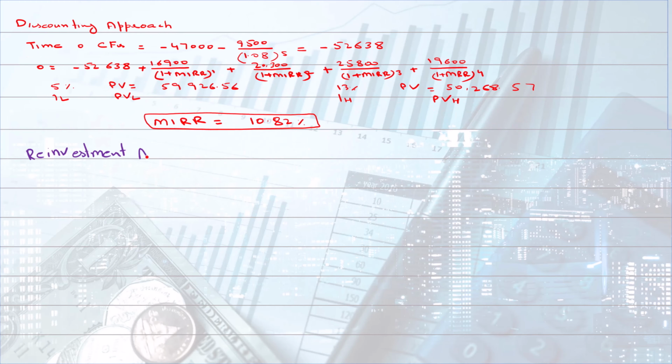The next approach to calculate the MIRR is the reinvestment approach. In the reinvestment approach, we find the future value of all cash flows except the initial cash flows at the end of the project.